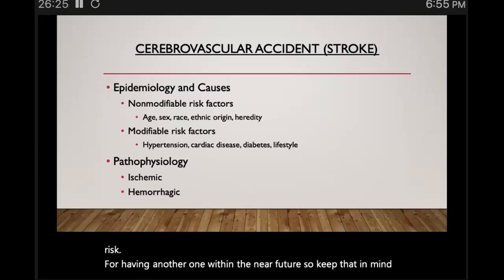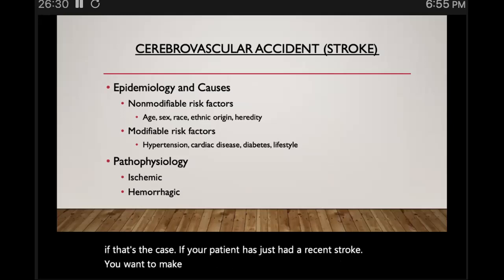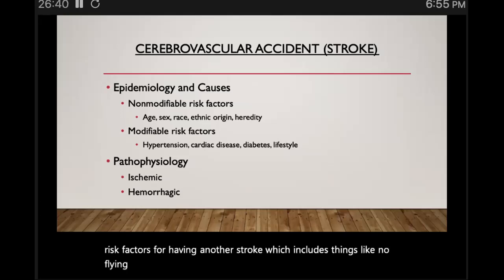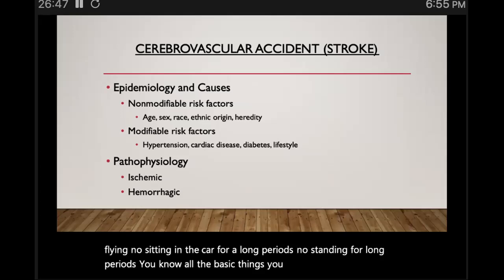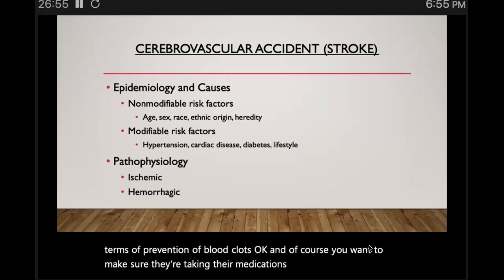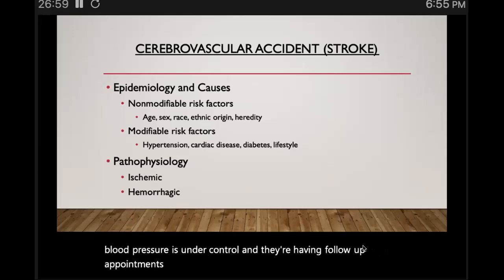If your patient has just had a recent stroke, you want to make sure that you're educating them on how to avoid risk factors for having another stroke, which includes things like no flying, no sitting in the car for long periods, no standing for long periods, all the basic things you teach your patients in terms of prevention of blood clots, okay? And of course, you want to make sure they're taking their medications appropriately, their blood pressure is under control, and they're having follow-up appointments pretty periodically to ensure everything is stable.